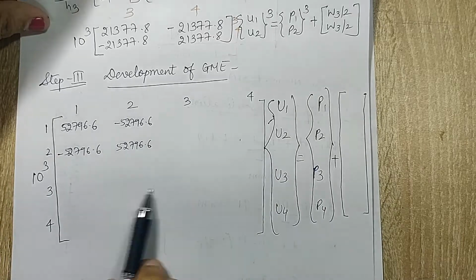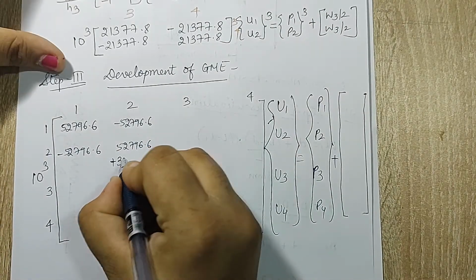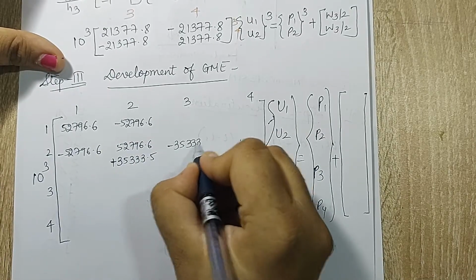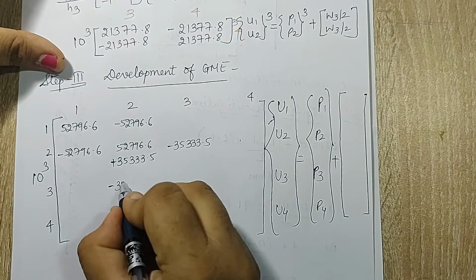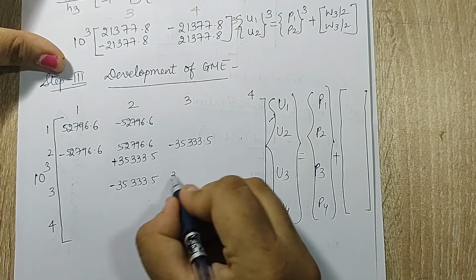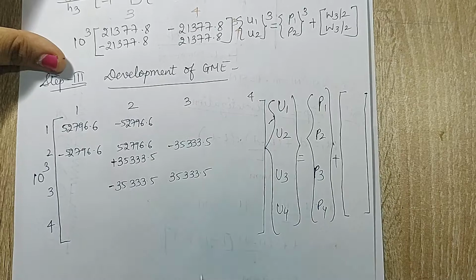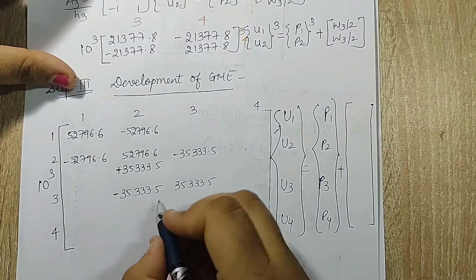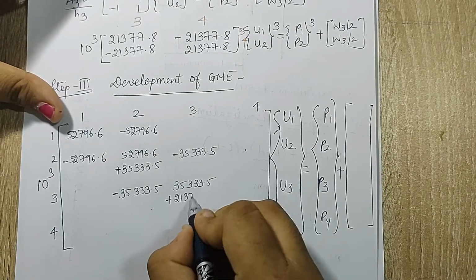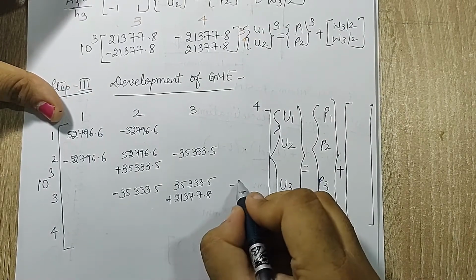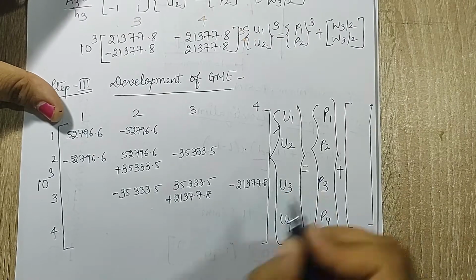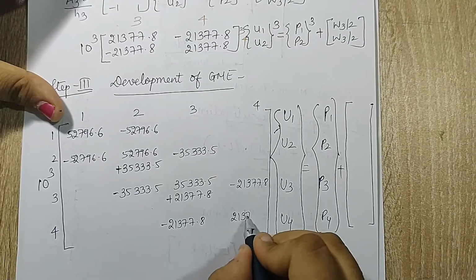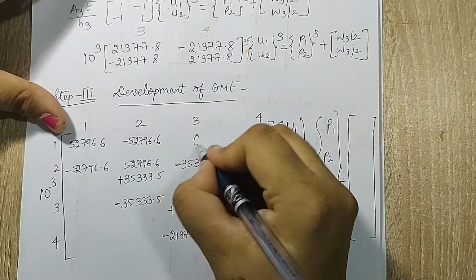So I'll write here 2, 3, 2, 3 plus 35333.5, minus 35333.5, minus 35333.5. Last element is between 3, 4. So here is 3, 4, 3, 4. So I'll add here 21377.8. Rest of the elements are 0.